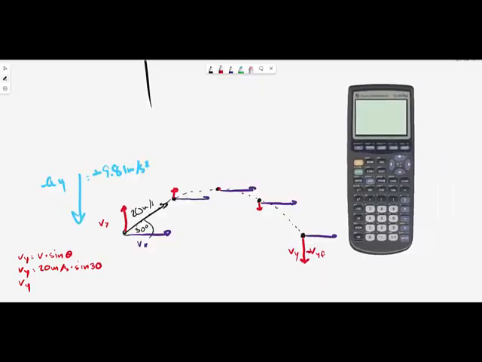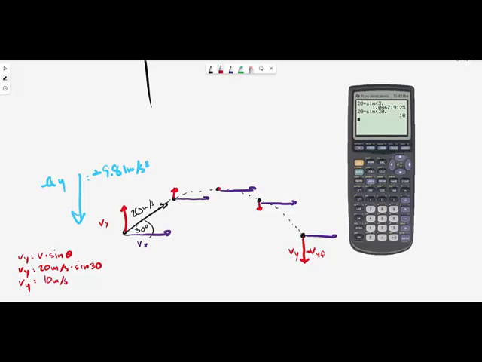Let's see. Clear. 20 times the sine of 30. Oops, try that again. Sine of 30. There we go. Great. 10. Velocity y is 10 meters per second.